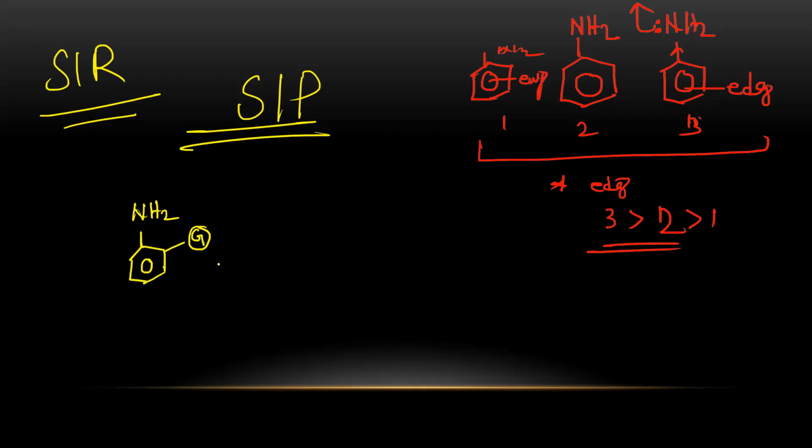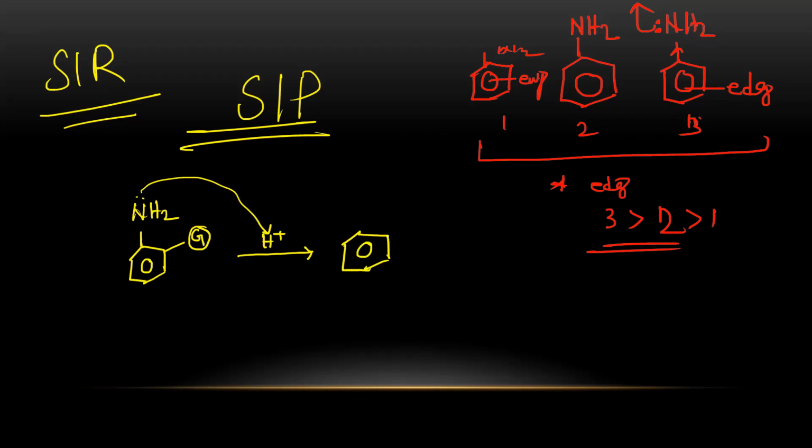Now what happens if I want to compare stability of different aniline molecules? Then we have to draw its conjugate acid, because it is a base. So basicity will be decided by stability of conjugate acid. The conjugate acid is the resultant molecule when it abstracts a proton.